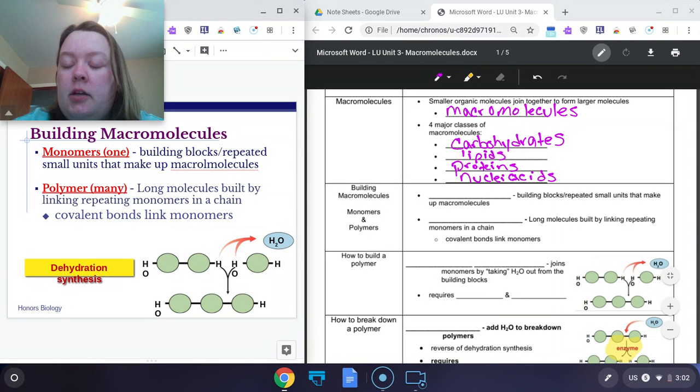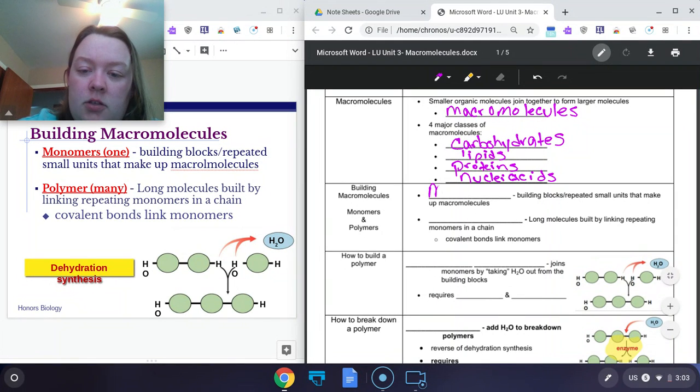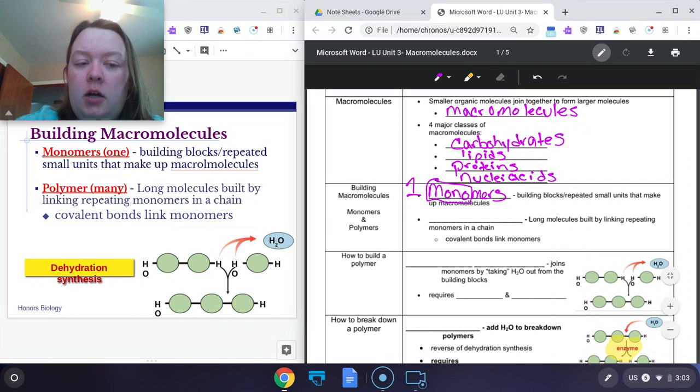So earlier we said small organic molecules join together to form large molecules. These small organic molecules are building blocks called monomers. The prefix mono means one. So one building block, one subunit, is going to join with other monomers.